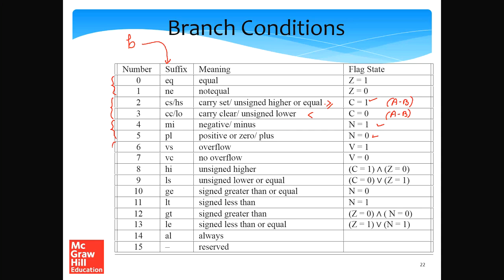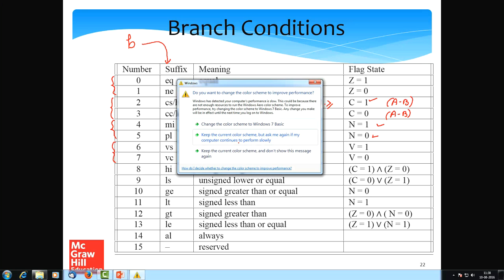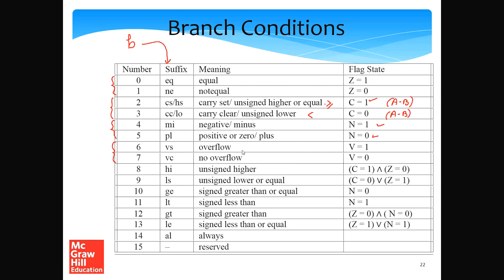Let's take a look at the next pair of conditions, VS and VC. VS is the case when an overflow occurred. An overflow means that the final result could not fit within the number of bits that are available. Consider a 32-bit system, where the product of a multiplication requires more than 32 bits.